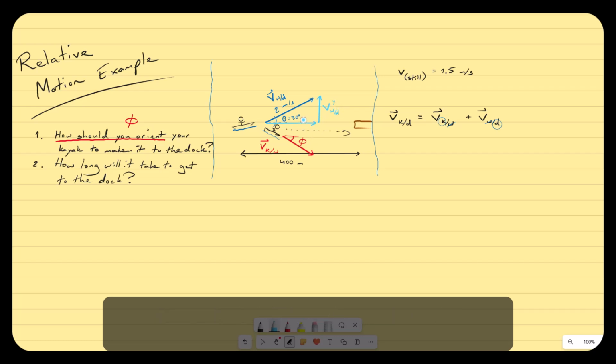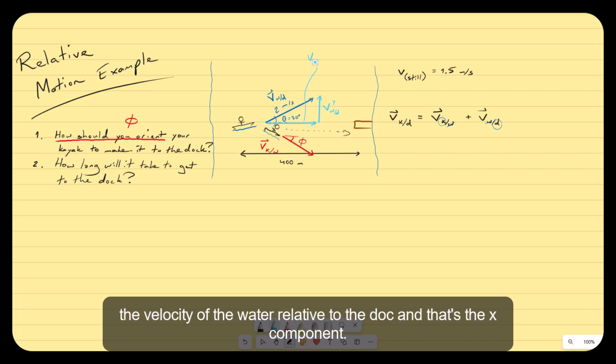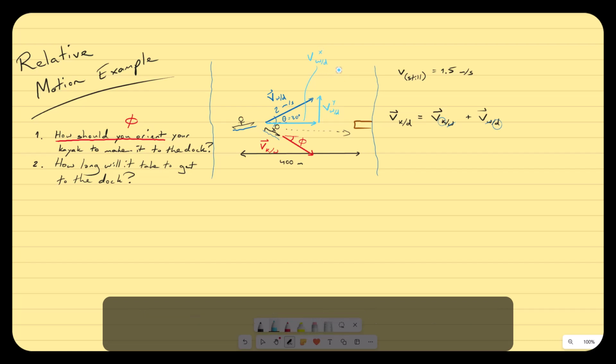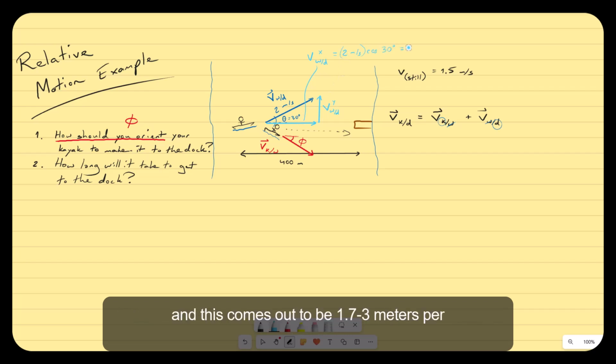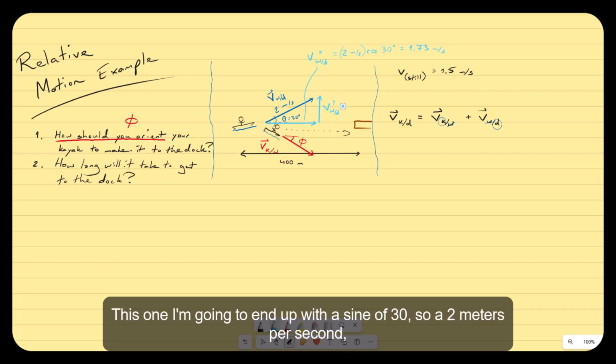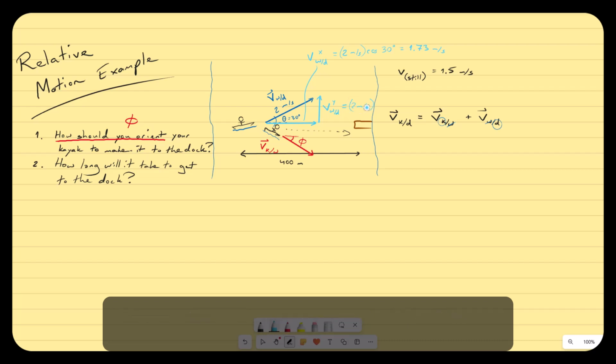This one is the velocity of the water relative to the dock, and that's the x component. So for the x component, I'm going to end up with 2 meters per second times the cosine of 30, and this comes out to be 1.73 meters per second. For this one, I'm going to end up with 2 meters per second times the sine of 30 degrees, and that's 1 meter per second.